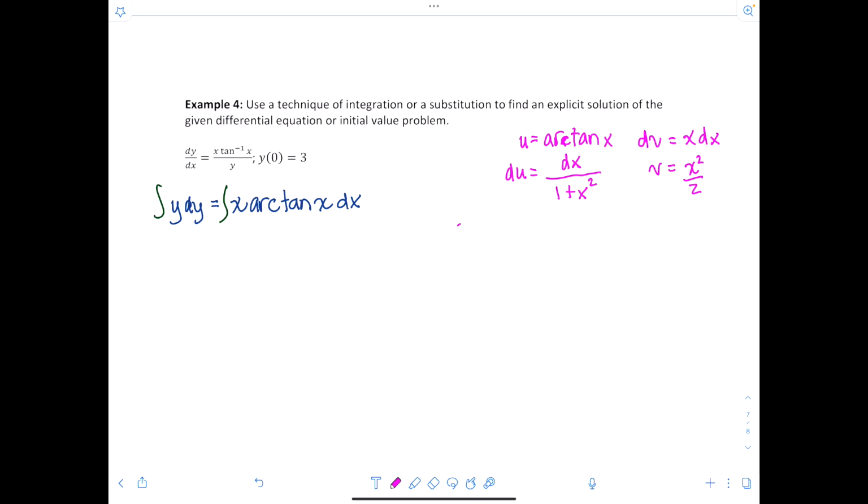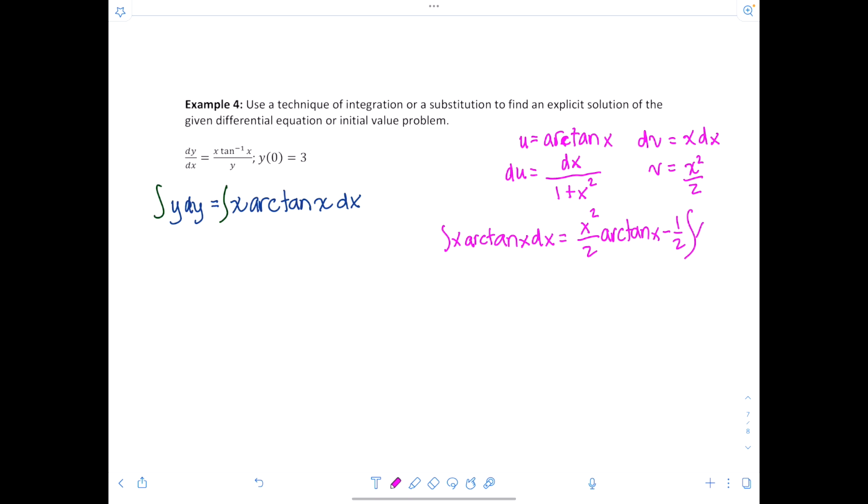So now our integral of x times arc tangent at x with respect to x is going to be u times v. So writing that pretty, we'll have x squared over 2 times arc tangent at x minus the integral of, so we've got a 1/2 on the outside.